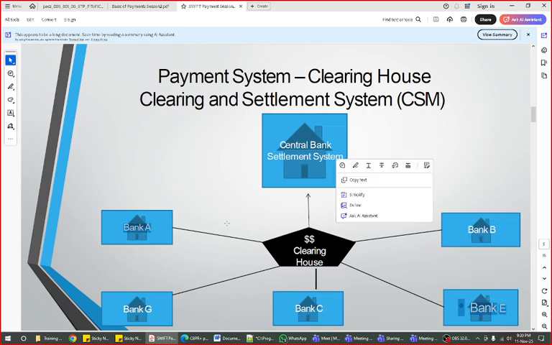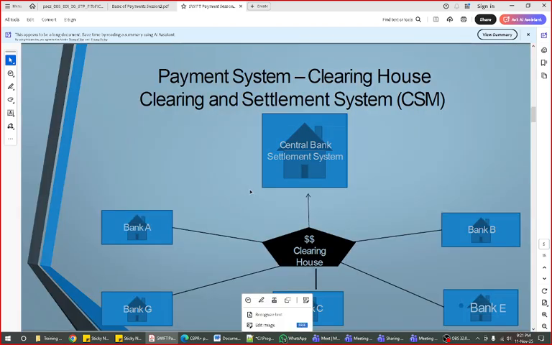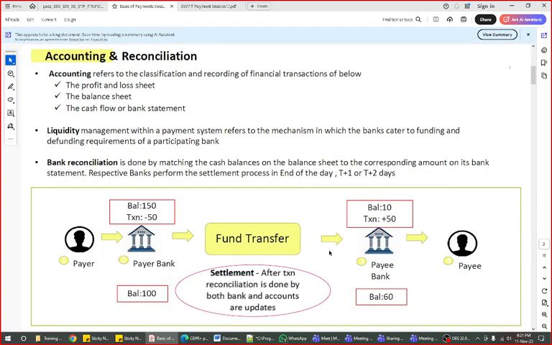This reconciliation is completely conducted through authorization batches. So the actual calculation of how much money has to be sent by bank A to bank B or bank B to bank C is the reconciling amount. This can happen by end of the day, or throughout the day also, depending on how many batch cycles there are.